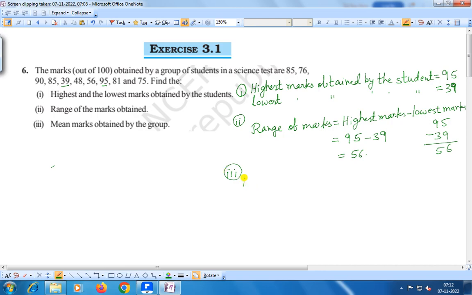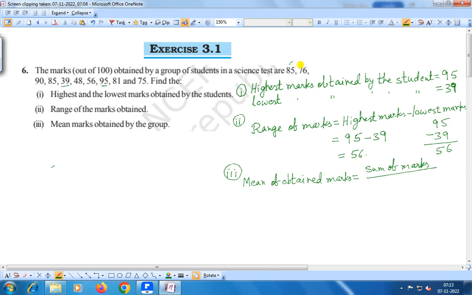Mean of obtained marks is equal to sum of marks, right, sum of marks and how many tests are given?